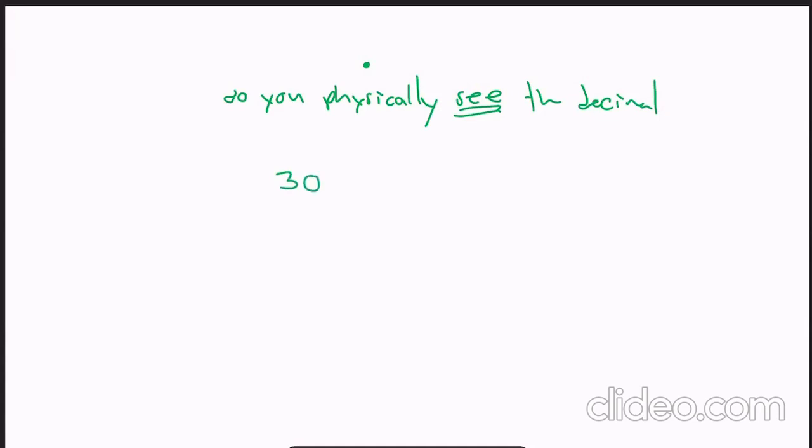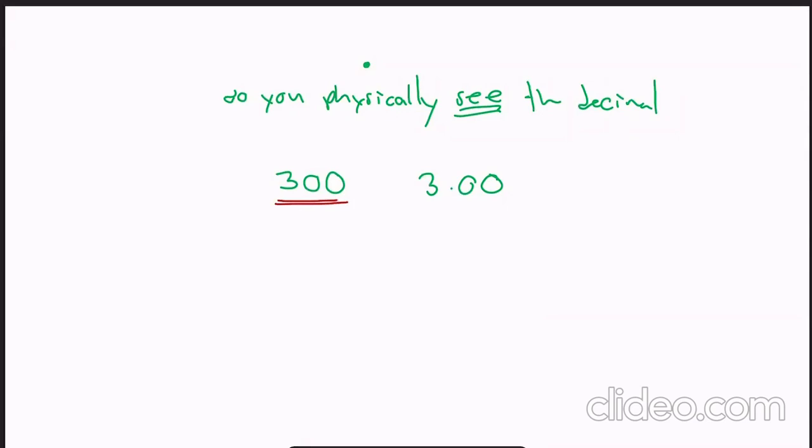All you need to look at is just the decimal place and ask yourself: do you physically see the decimal? So if I have a number, here I have two numbers. In this instance, do I physically see the decimal?